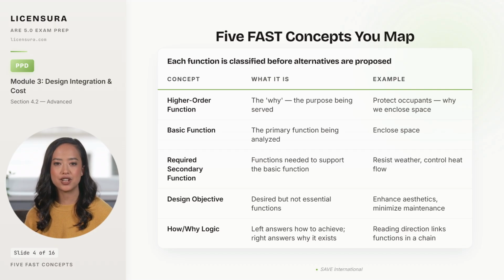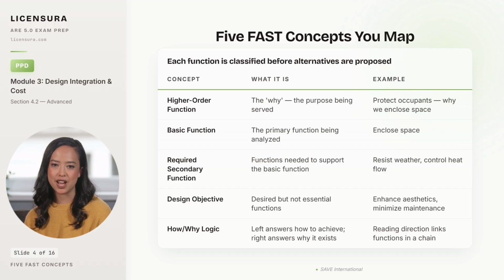Required secondary functions support the basic function. They include resist weather, control heat flow, manage moisture, and accommodate movement, and they cannot be cut without compromising the basic function above them. Design objectives are desired but not essential. Examples are enhance aesthetics, minimize maintenance, and simplify installation, and these are the legitimate VE targets when first cost has to come down.